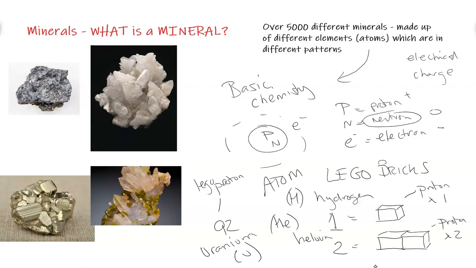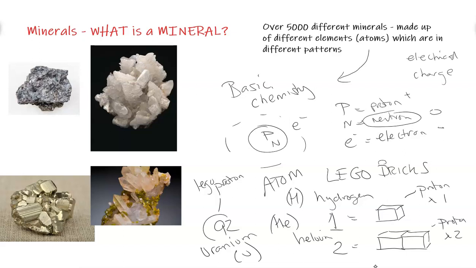So these atoms form different elements based on the size and the amount of electrons and how they bond together. If they're stable, they usually stay by themselves. If they're unstable, they want to join with another atom or element to become stable.